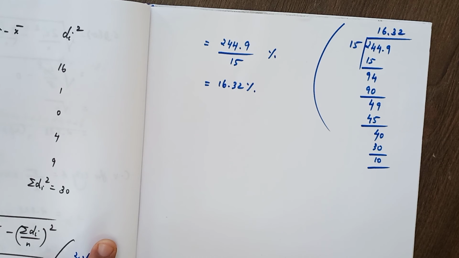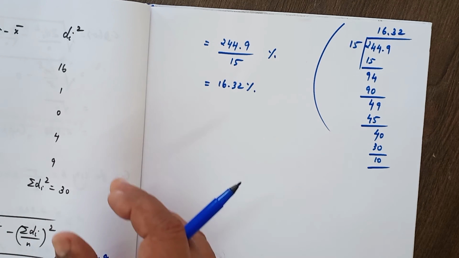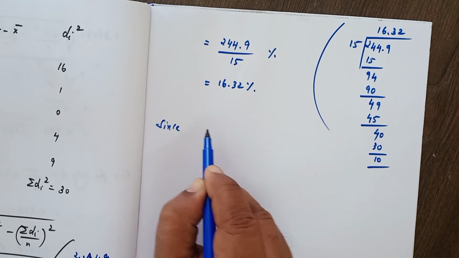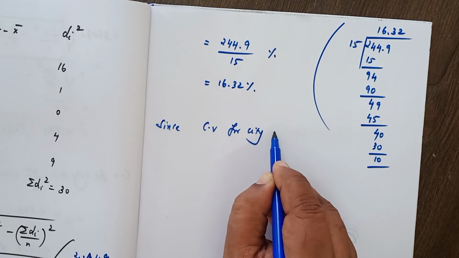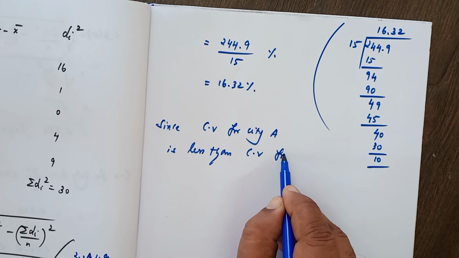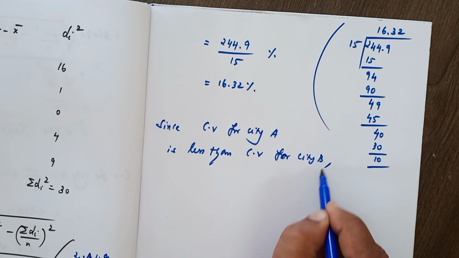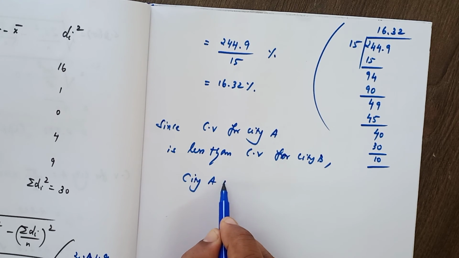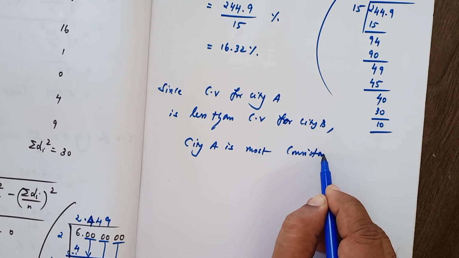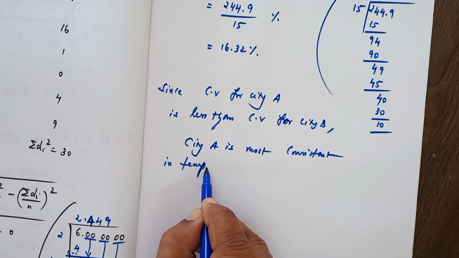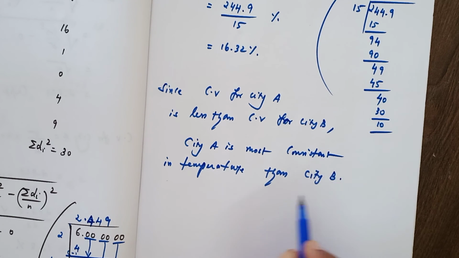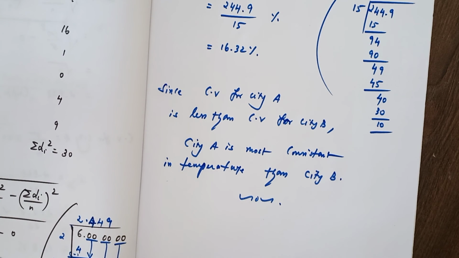So city A is more consistent than city B. Final result: since CV for city A is less than the coefficient of variation for city B, city A is more consistent in temperature than city B. That's all.